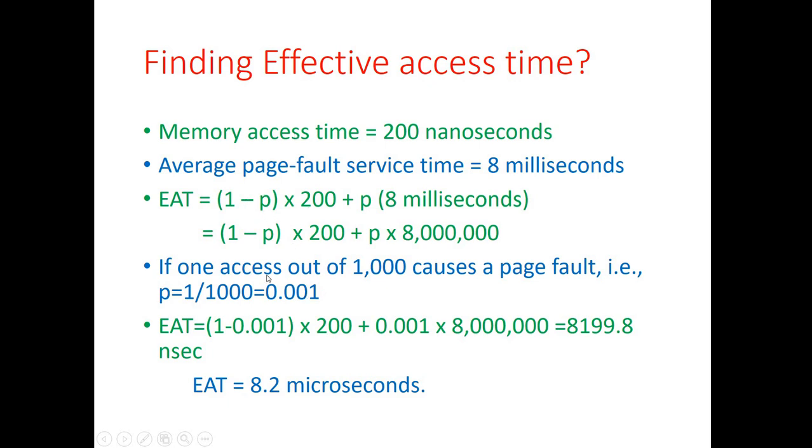So here, one access out of 1000 causes a page fault. That means 1 by 1000 is the page fault probability. So the remaining time it is a hit. Therefore, for 1 minus 0.001 of the time, we have to spend 200 nanoseconds to access the page from the physical memory.